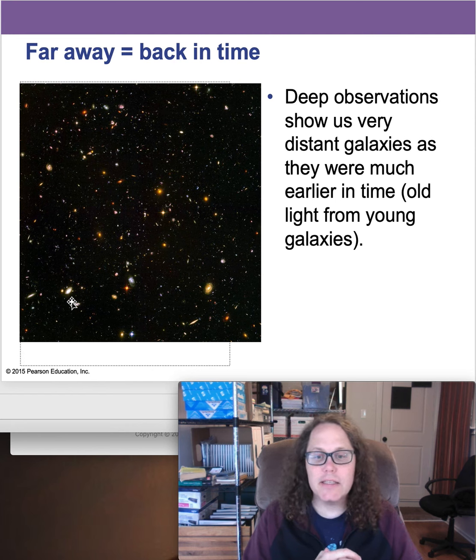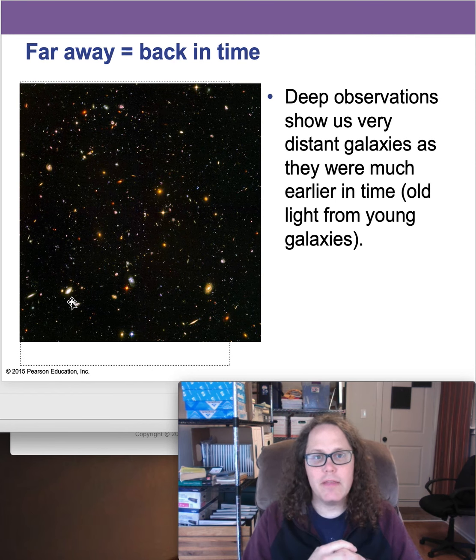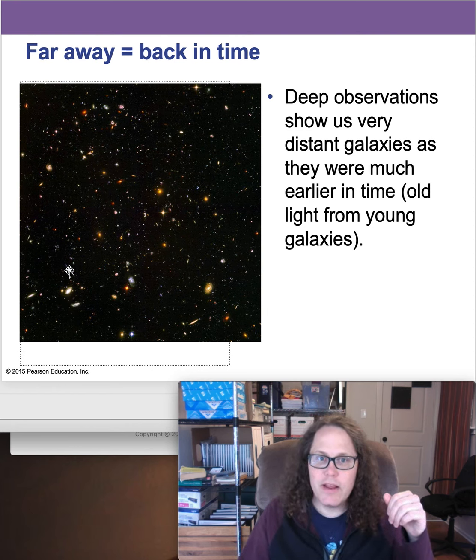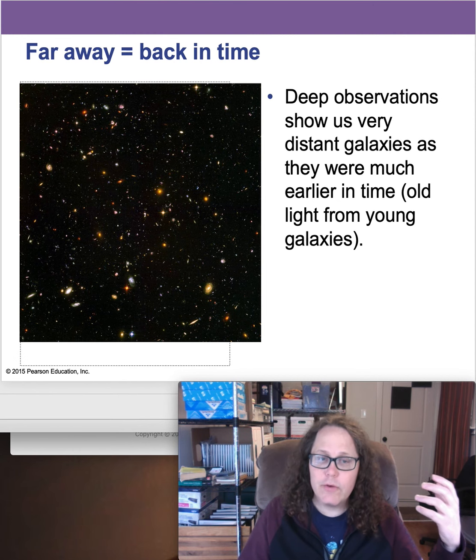You can see galaxies that are 10 billion light years away, which means you're seeing the universe 10 billion years in the past. So to look at a deep field like the Hubble Ultra Deep Field, this one right here, you are actually seeing the universe evolve in real time.